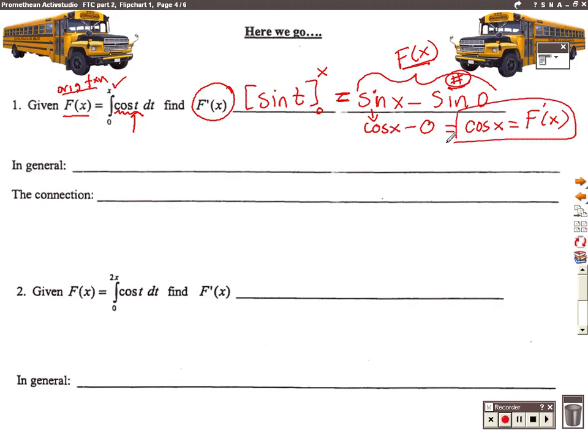Now that seems like a really, really duh process, and the whole idea was that we have a variable of t here, that when we integrate, it stays a t, and there it is right there, but when we do the definite integral, the x is going to go in place of the t, and that's where that replacement comes in.